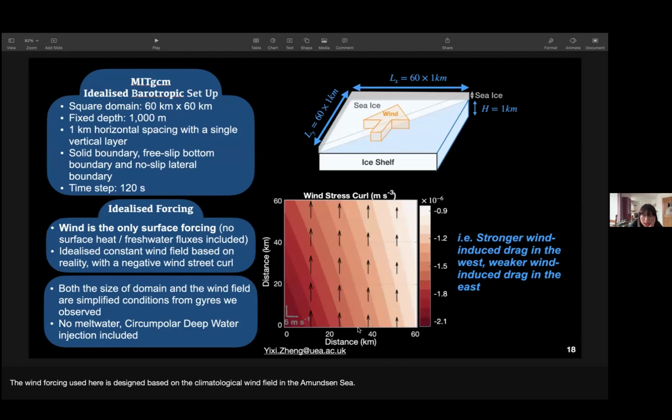And for the wind forcing that we use to force our model, we are using a simplified version of what we are observing in the Amundsen Sea. So that is cyclonic everywhere, with stronger wind in the western side and weaker wind in the eastern side. Then we start forcing our gyre.